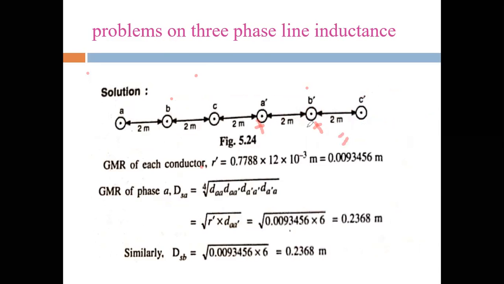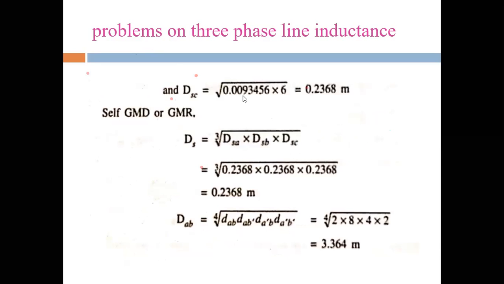Then 2 plus 2 is 4, 4 plus 2 is 6 meters. That is the distance between C to C dash. Next we calculate the DSC.